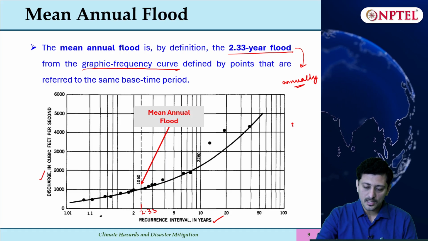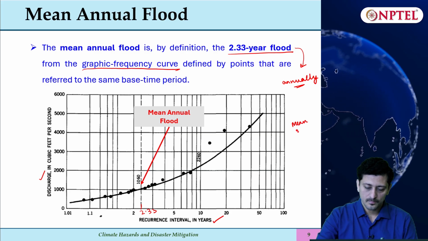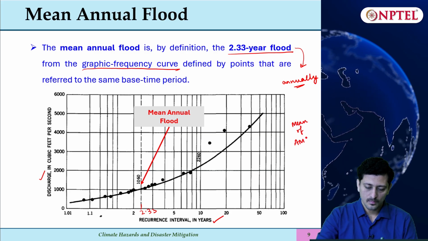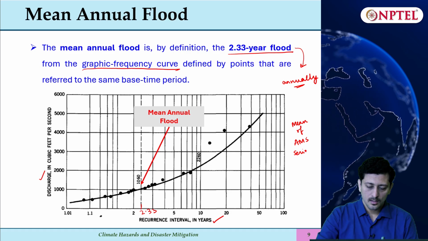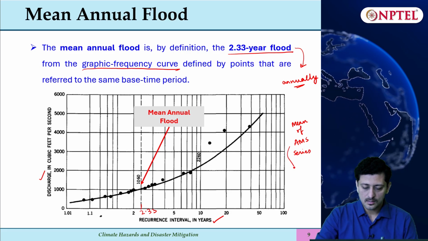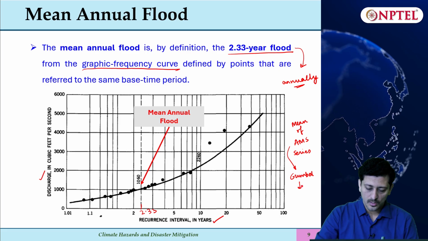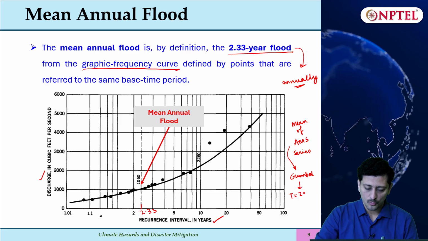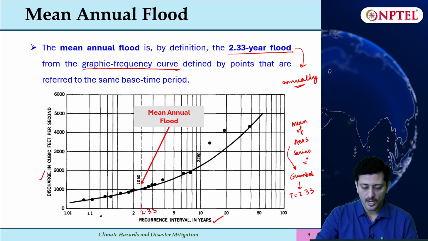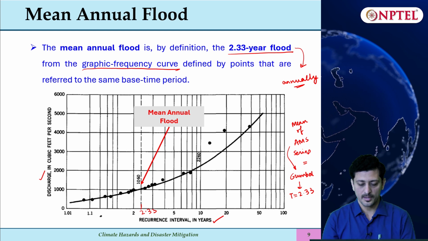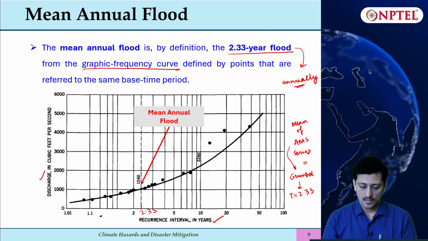So if you take the mean of the AMS series, and if you fit a Gumbel distribution to the AMS series and you take the value for the 2.33 year return period, these two values will be the same. That is how it represents the mean annual flood.